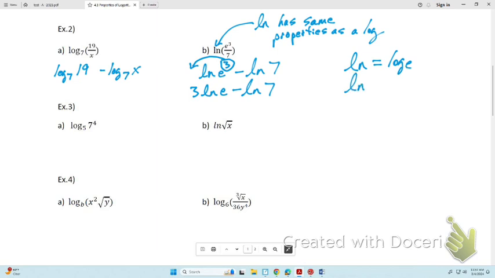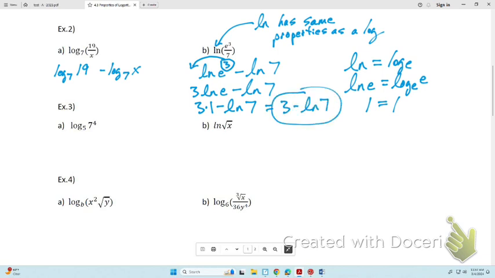So if I do ln e, isn't that log base e of e? And didn't we do that earlier with 10, 10? Don't we just get 1? E to what power is still e? It's a 1. So I can change this to this, or just write 3 minus ln 7. And that's it.